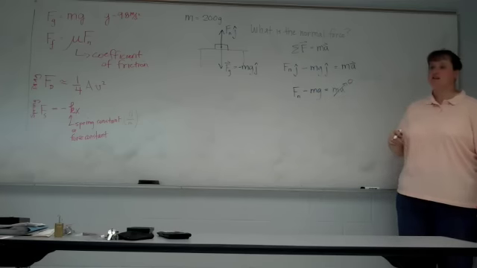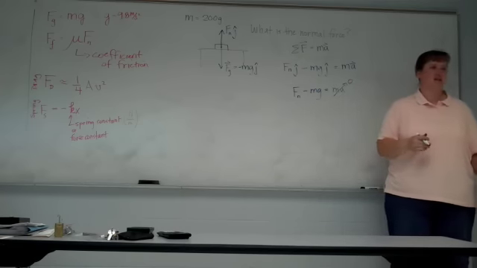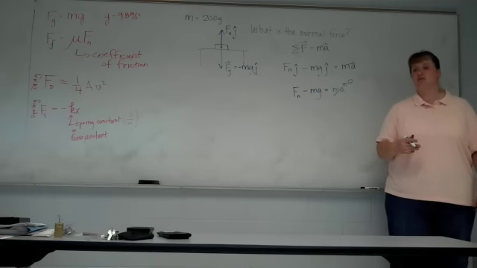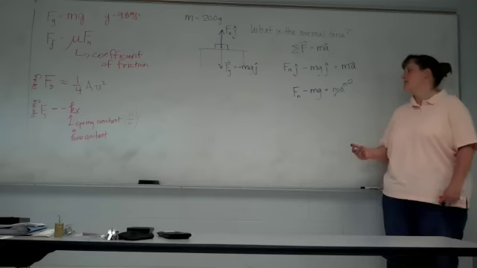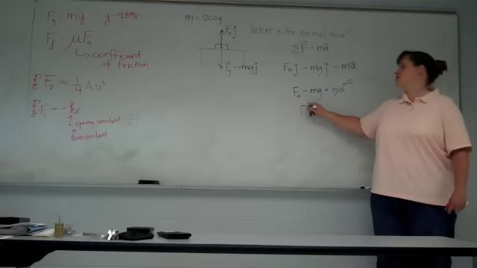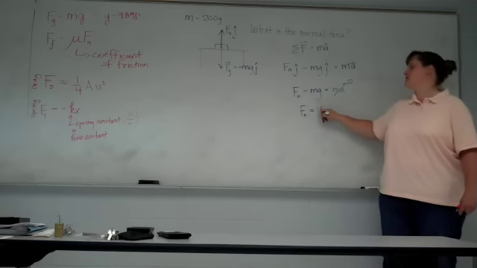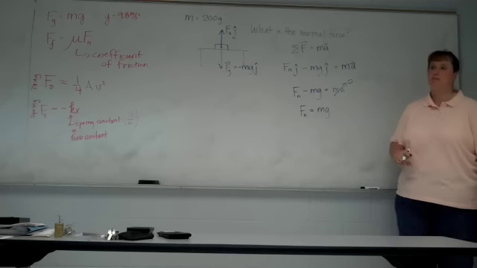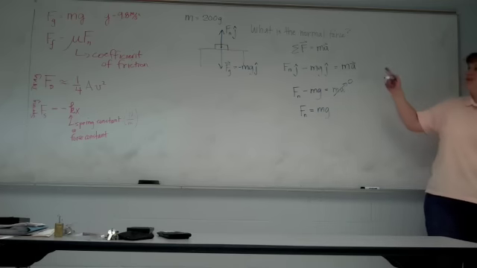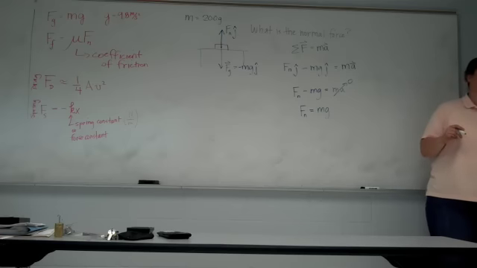It is at rest at the moment, and it continues to stay at rest. It's not going to move unless I pick it up, which means I exert an additional force on it. So the normal force has to equal mg. In this particular example, the normal force will equal the weight of the object.